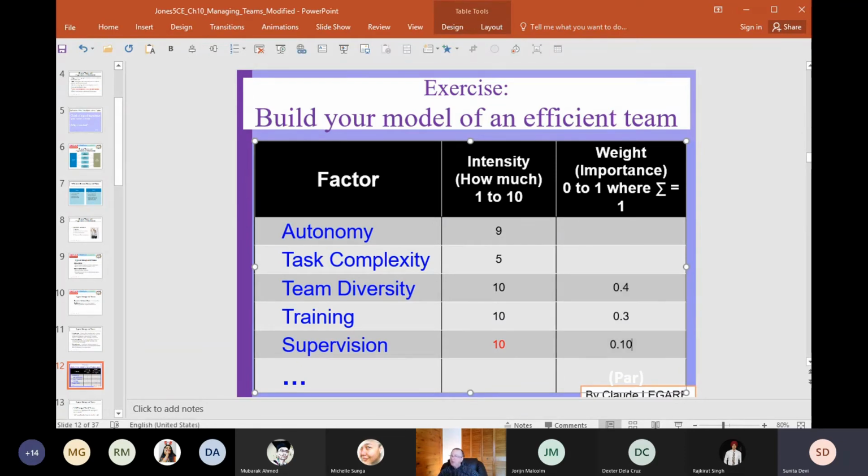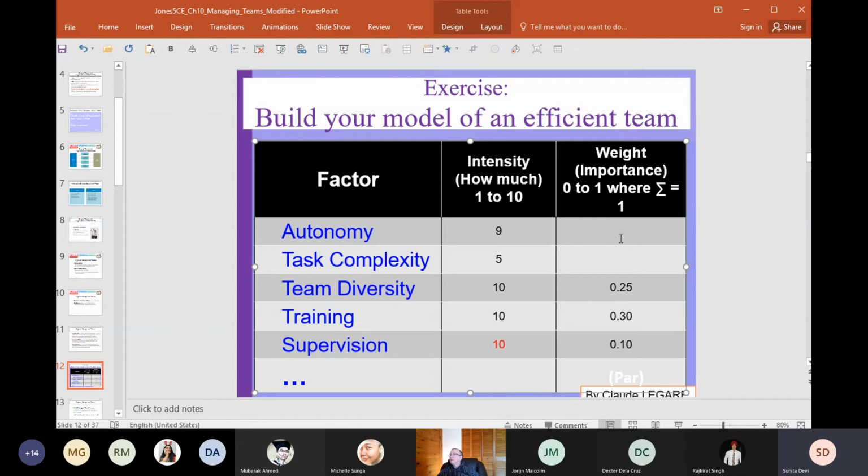Then we can make it 30%, that's okay. Or maybe can we go for 25%? 25, yeah. Okay. So it means we have 55, 65, 60. So we have 35 left for both.